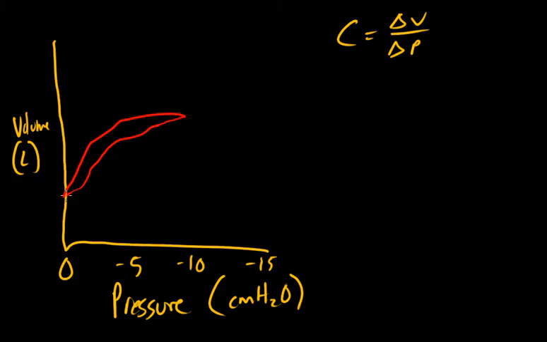Initially, when we take our breath, we're going to be changing our pressure, but we're not going to get very much volume change. Notice how we're not making much change on our y-axis, even though we're making some progress on our x-axis. Our lungs are expanding, our diaphragm moves down to create negative pressure, and we would expect some volume change.